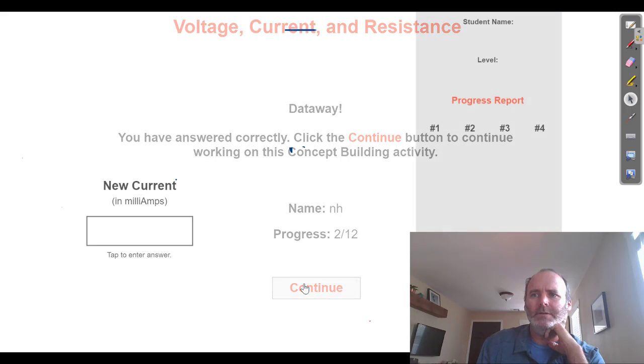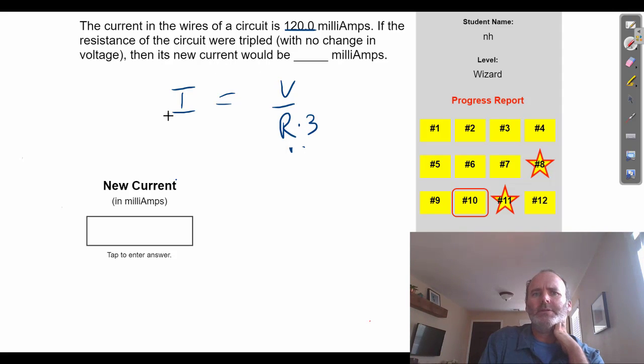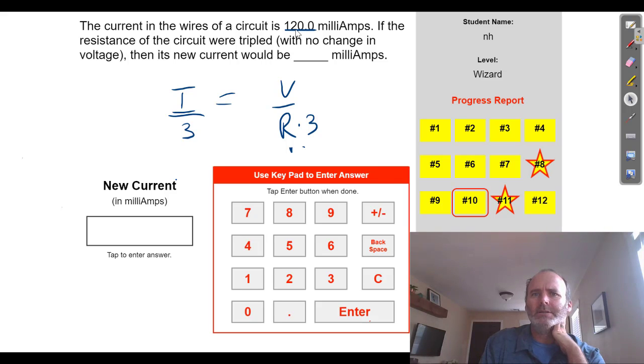Hopefully we get a harder one. If the resistance were tripled, whatever I do to that side, I have to do to this side, with no change in voltage. We haven't gotten a hard one yet. So 120 divided by 3 is 40.